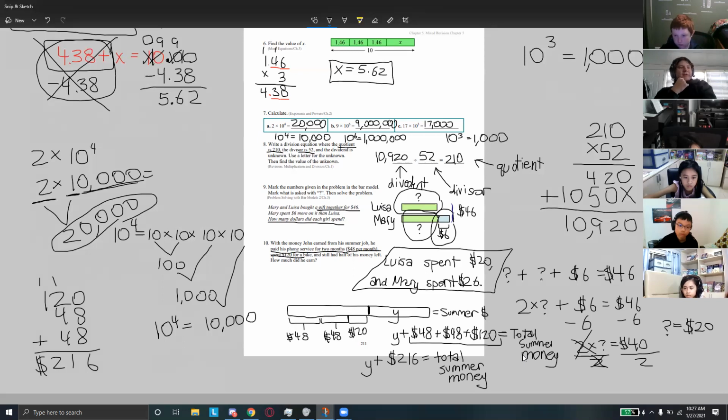Okay, where to go from here? We add 216 and 216. The problem with that is we have a variable on both sides. What's that mean? Well, we don't know what Y is equal to, and we also don't know what total summer money is equal to.